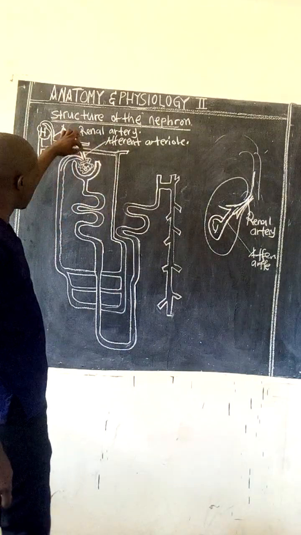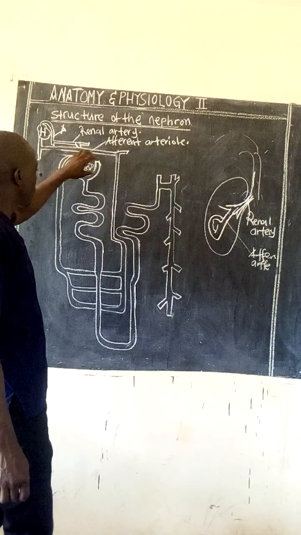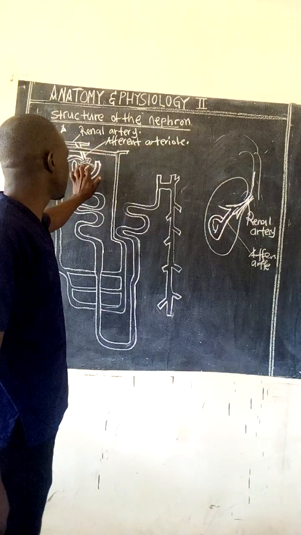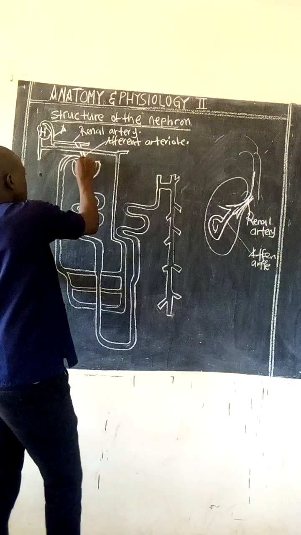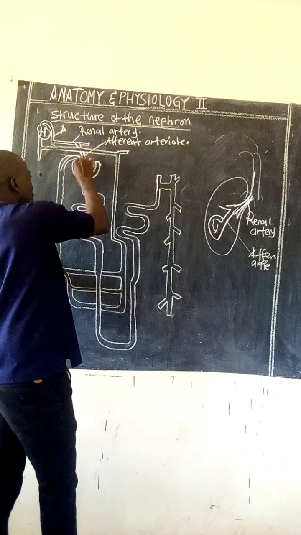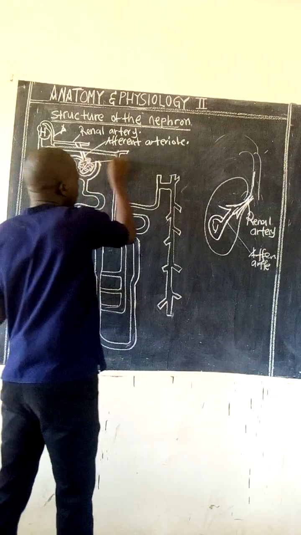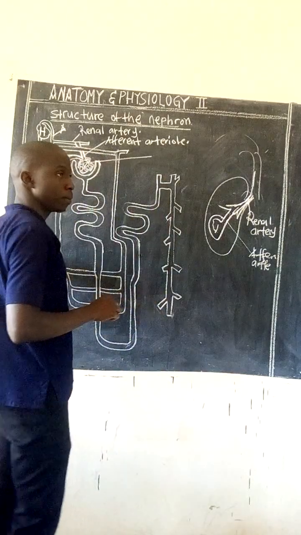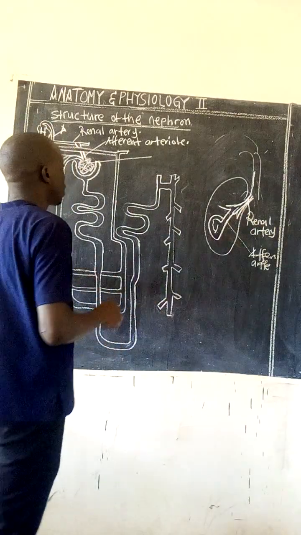And then it enters inside our renal pyramid where we have the nephron. And then as it is entering inside, from arterioles now we get to capillaries. So these are our capillaries, but they are called glomerular capillaries.